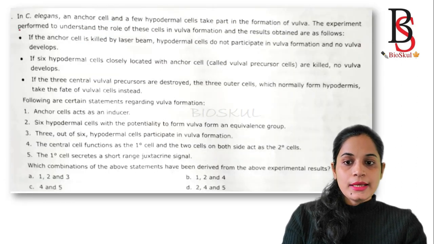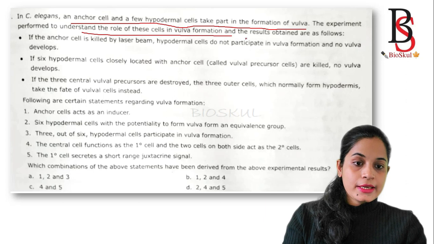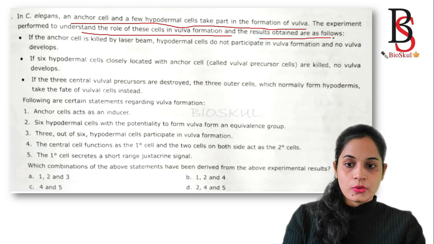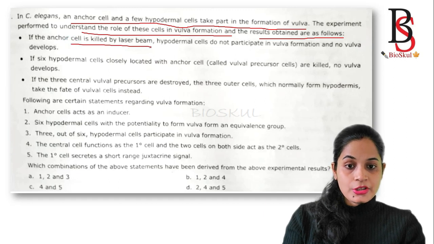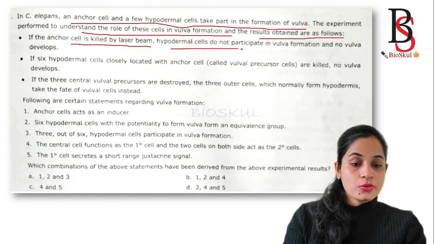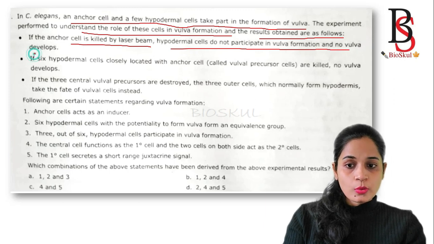In this question, in C. elegans, an anchor cell and a few hypodermal cells take part in the formation of vulva. The experiment performed to understand the role of these cells in vulva formation, and results obtained are as follows. Okay, let's see the results. If the anchor cell is killed by laser beam, hypodermal cells do not participate in vulval formation and no vulva develops.